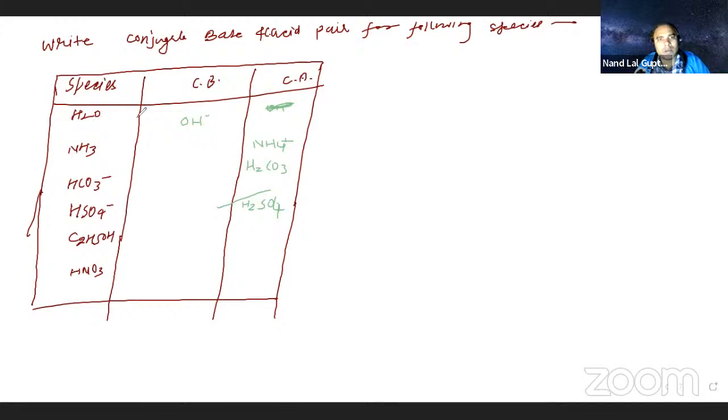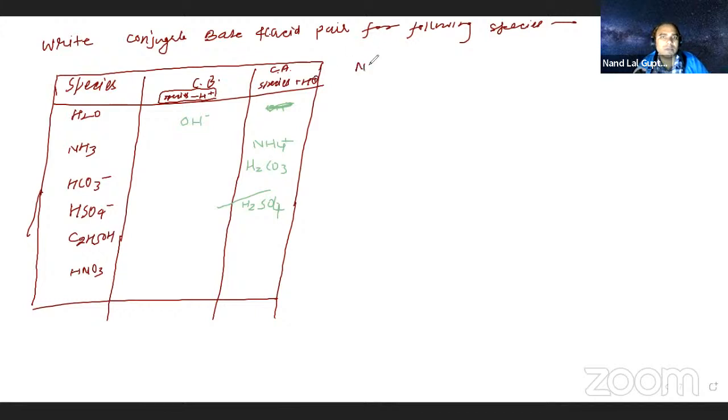See, in conjugate acid, what we write is base plus H plus. Whatever species are there, you add the H plus.